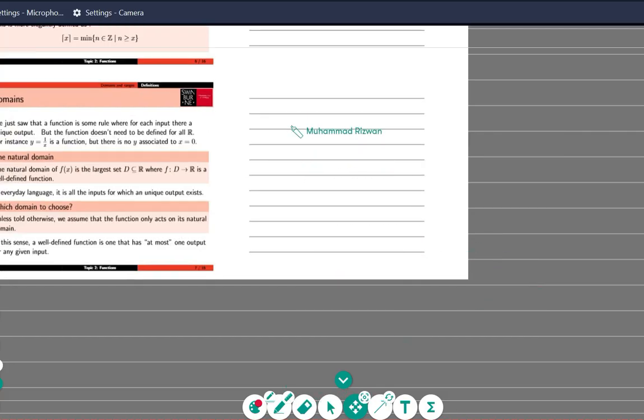For example, y is equal to 1 over x. You should understand that 1 over 0 is undefined, so it is not a real number.